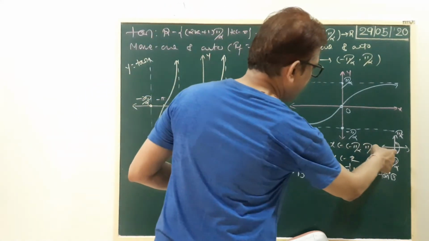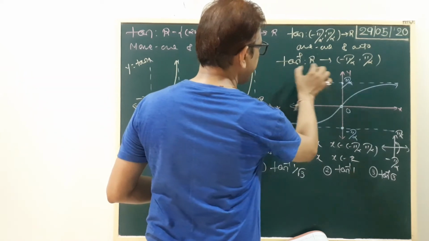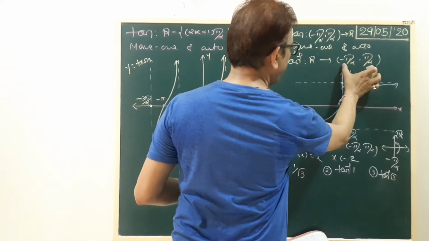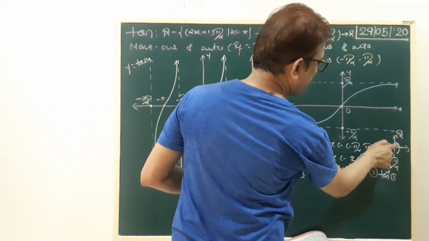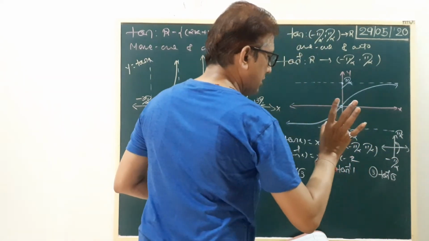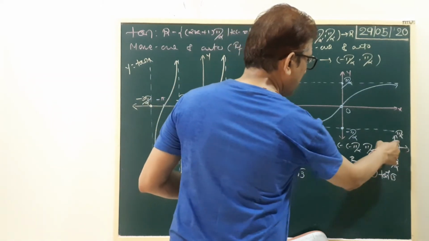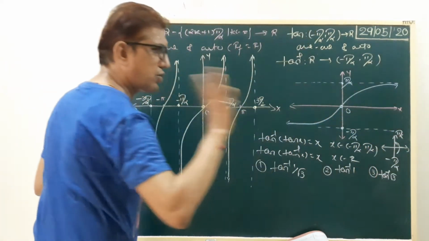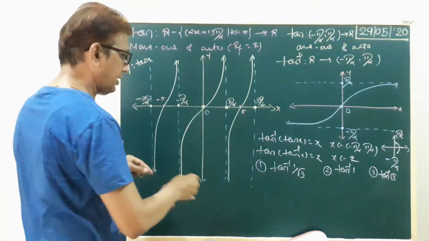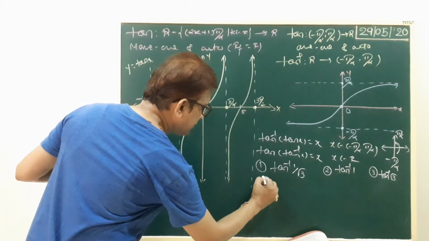Okay, now we discuss the first three sums. Here we also draw the figure. Our tan inverse range is the open interval minus pi by 2 to pi by 2, that is, minus pi by 2, 0 and pi by 2, the fourth and first quadrant. So if we take a positive value, it is always in the first quadrant. If we take a negative value, it is always in the fourth quadrant. Is it clear? Okay. Now we discuss tan inverse 1 by root 3.